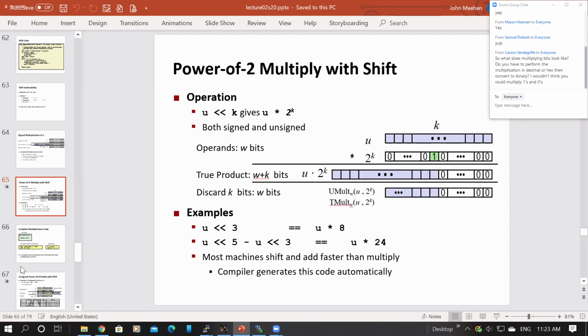Well, somebody has a question here. What does multiplying bits look like? Do you have to perform the multiplication in decimal and hex, convert to binary, or well, that's what the circuitry is for, right? It does the multiply all in binary. If you want to work it out on the back of an envelope, whatever works for you is okay.